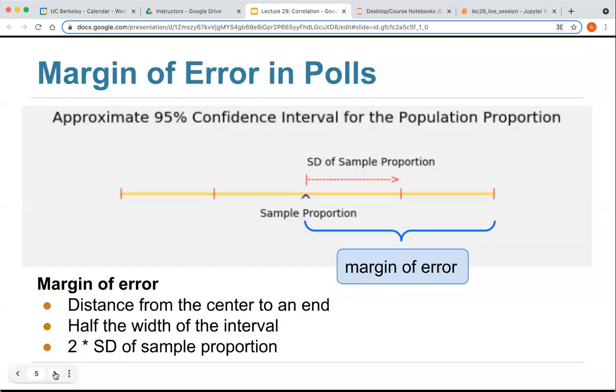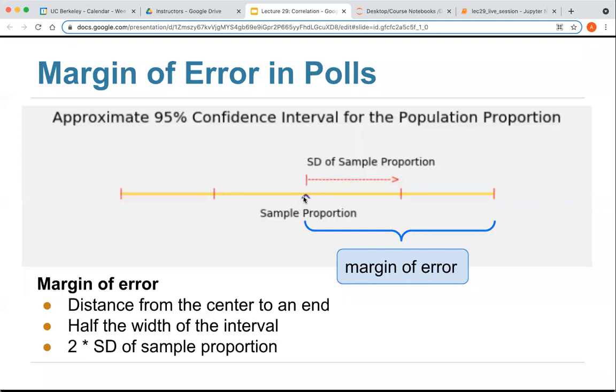So you make a confidence interval that looks like this. You start with your sample proportion in the center, and you go some number of SDs on either side. If you want 95% confidence and your sample is large, you have the central limit theorem working for you. So you go 2 SDs on either side, which means 4 SDs in total. But your estimate is the center.